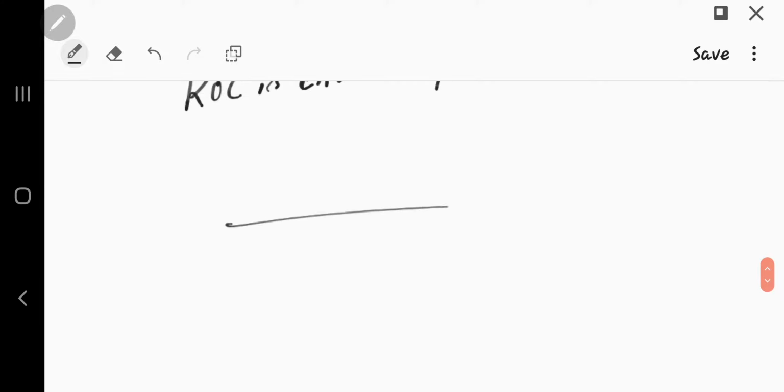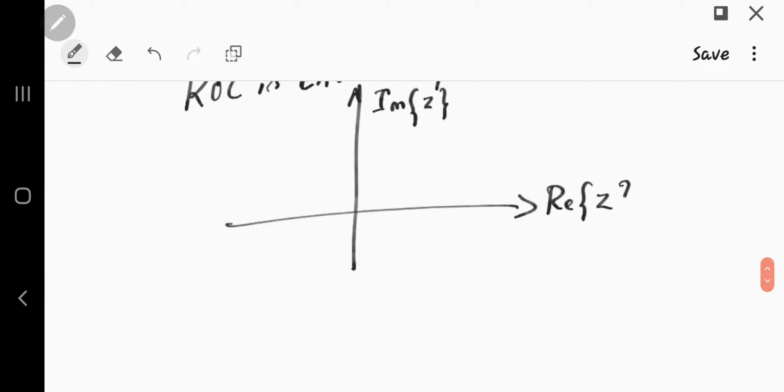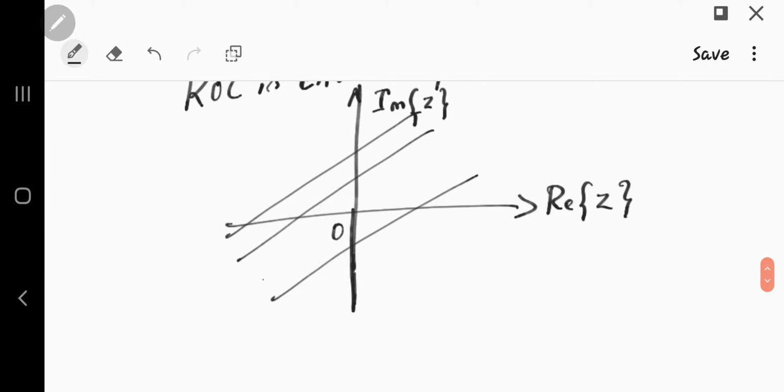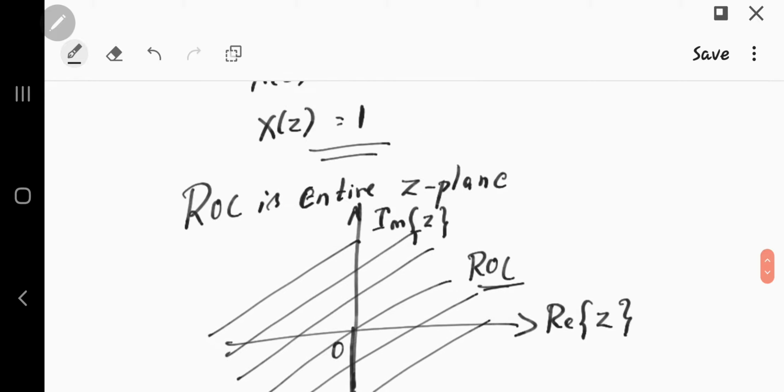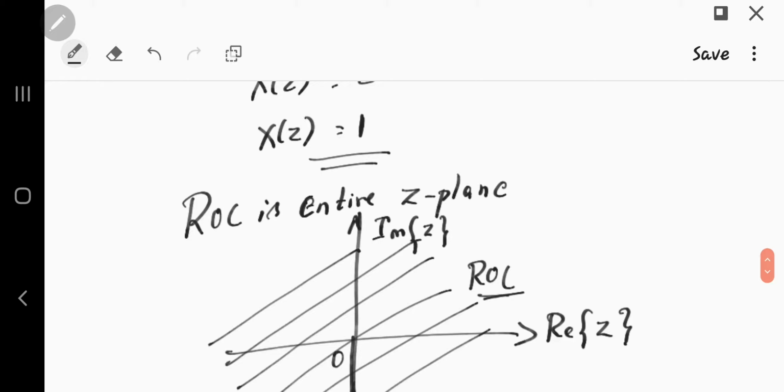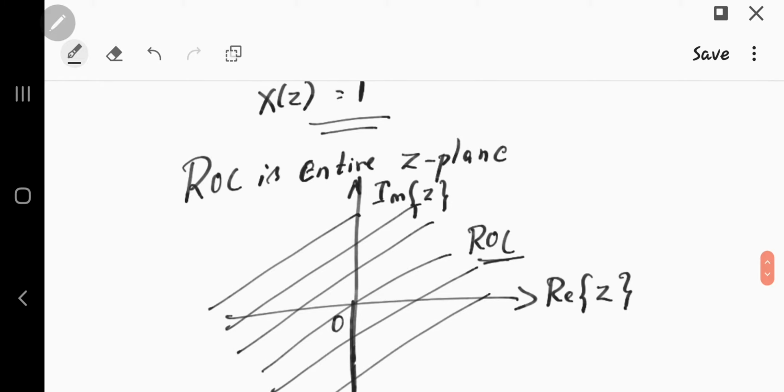Now how to locate this here? This is the real and imaginary axis. This is the origin. This is the entire z plane, and since it is a finite duration signal, there are no poles and zeros. So this is the first part.